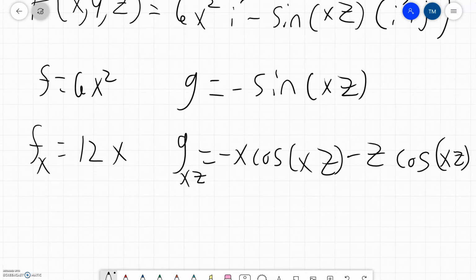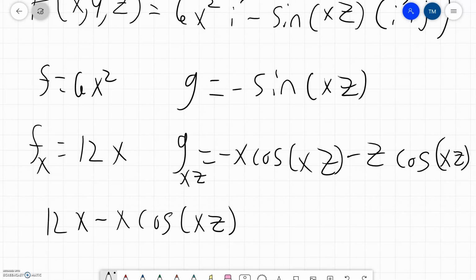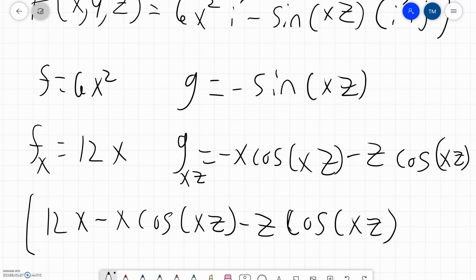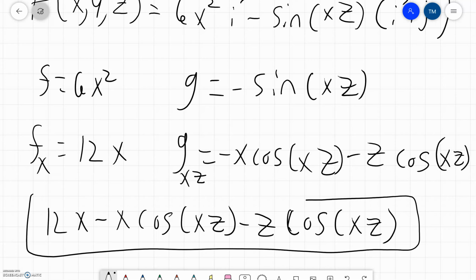And so here, just like with the last example, we're just going to put it all together. So we're going to have 12x minus x cosine of xz minus z cosine xz.